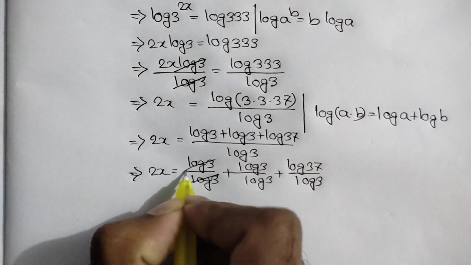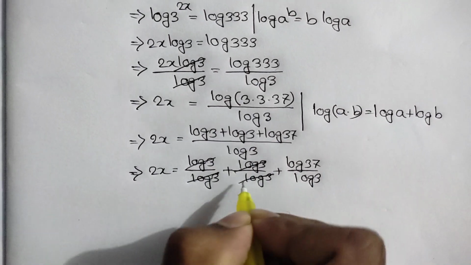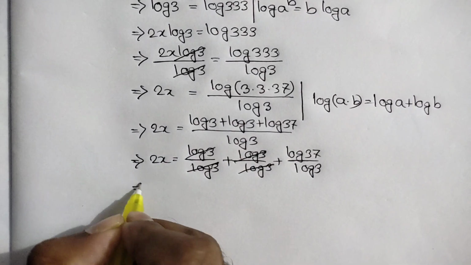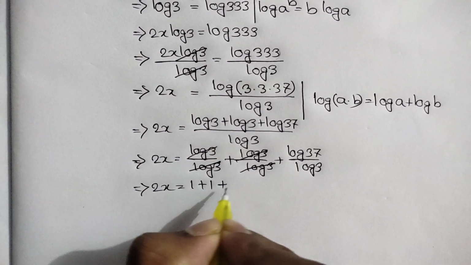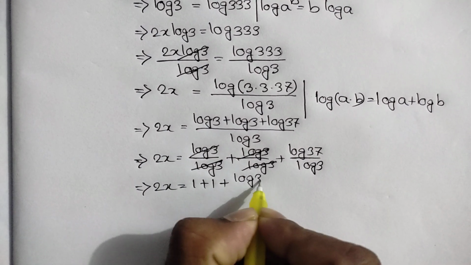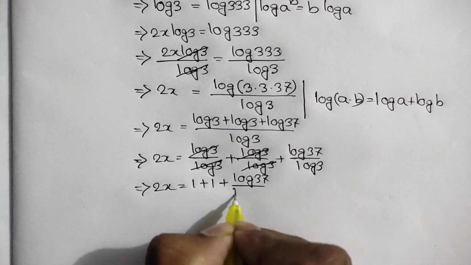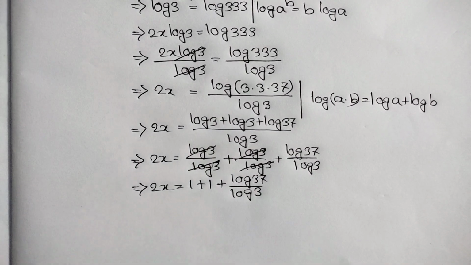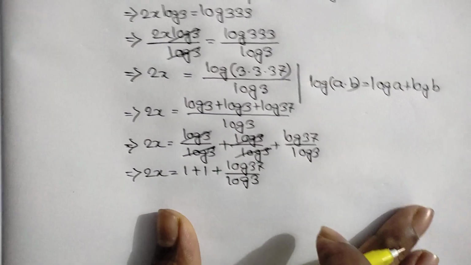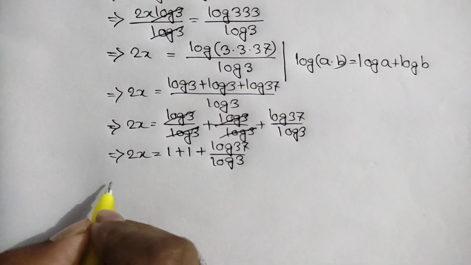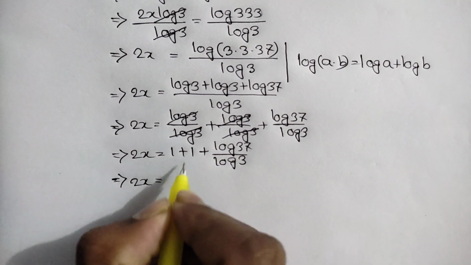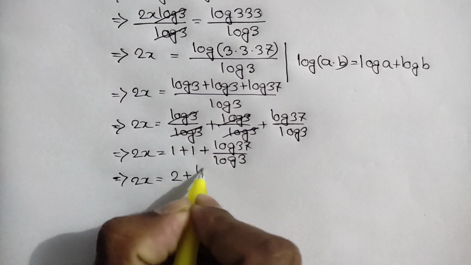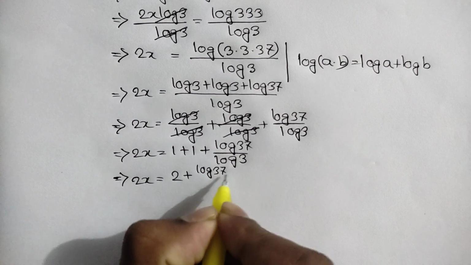This log 3 cancels out this log 3, so we can write 2x is equal to 1 plus 1 plus log 37 over log 3, or 2x is equal to 2 plus log 37 over log 3.